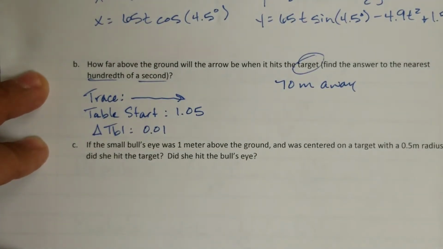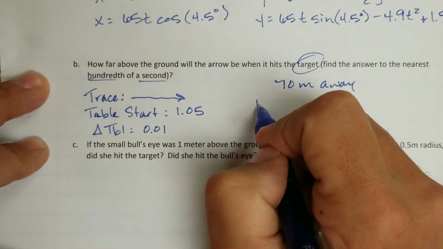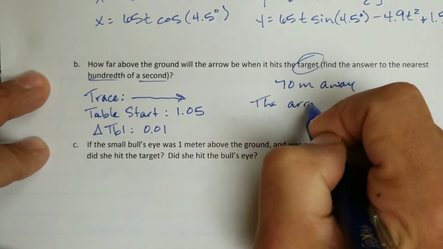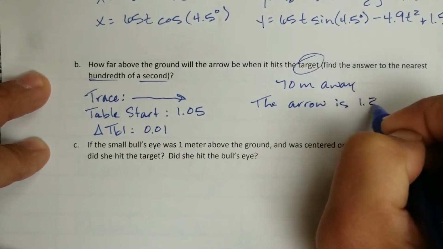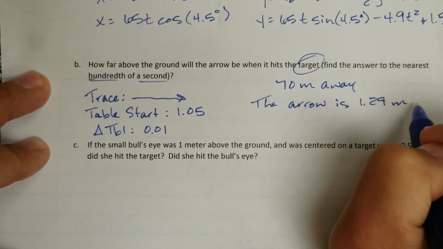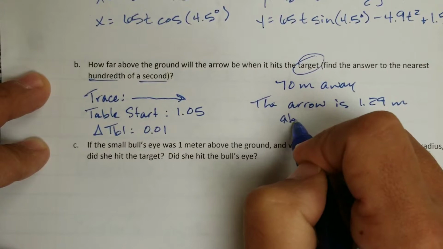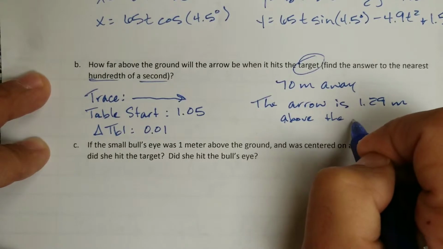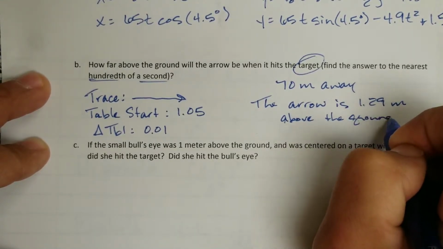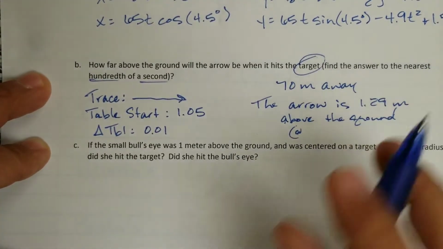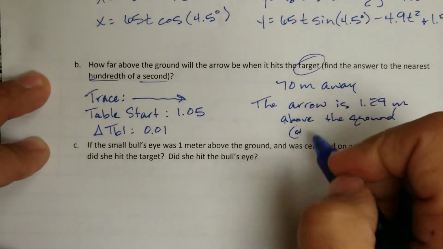And then when I checked 70 meters away, the arrow is 1.29. That's what the Y value was there. 1.29 meters above the ground. That's what the problem's asking. And I'm going to go ahead and throw in at, what was it? Let me check again. T equals 1.08.